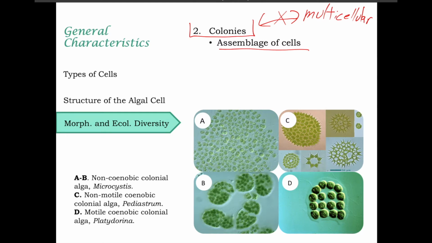The difference between a multicellular organism and a colony is that in a multicellular organism, when you pick one cell out of that organ, for example, that one cell cannot live on its own. While for a colony, when you remove one cell from the colony, it can live on its own. That's the main difference between them. For example, when you pick a brain cell out of a brain, it cannot survive on its own.